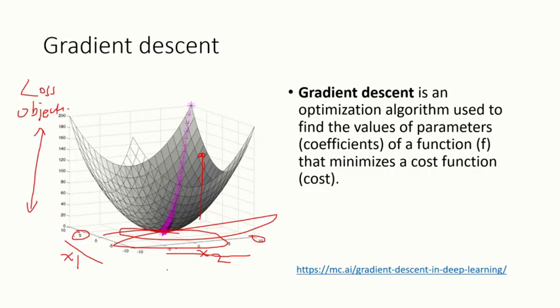Relatively easy, but if you have many variables, this is a high dimensional space, how can you search this space effectively? So the objective is to achieve the smallest value of the loss function, so minimize the loss function.